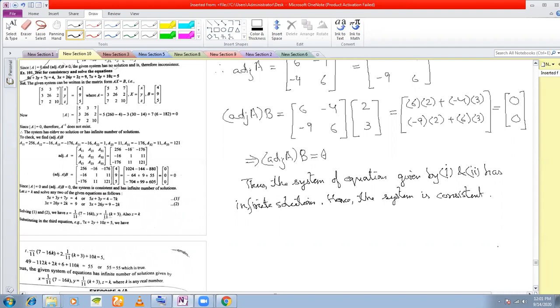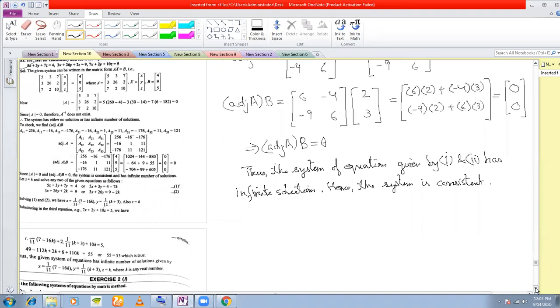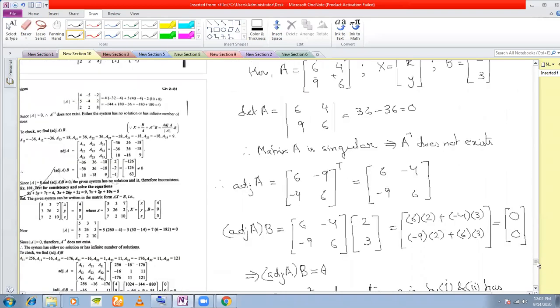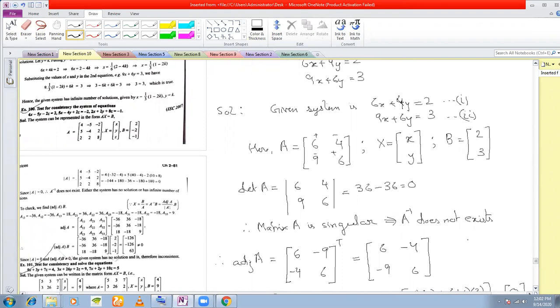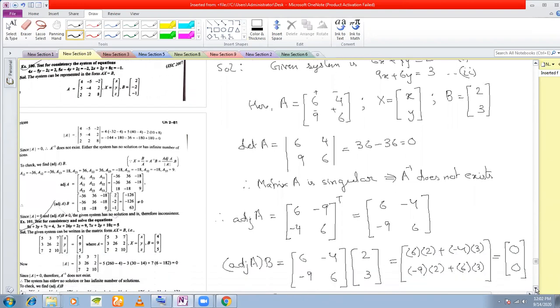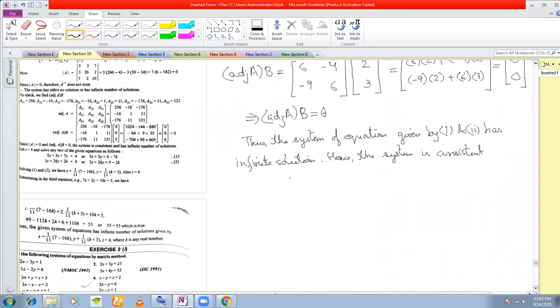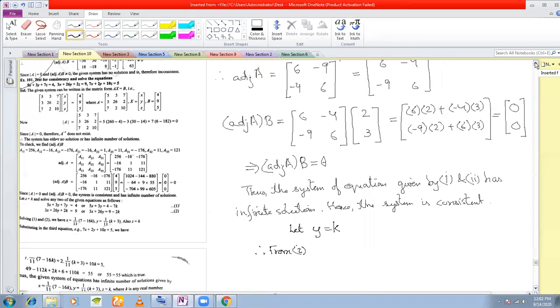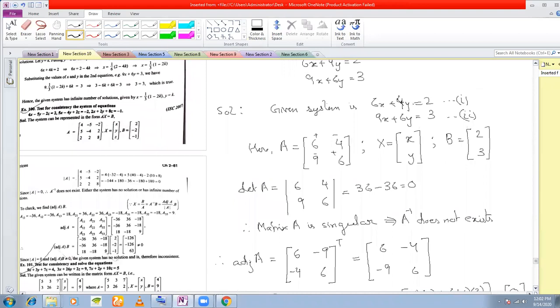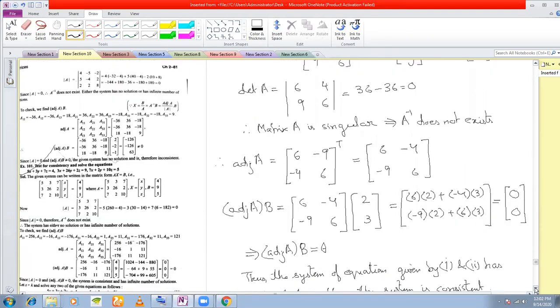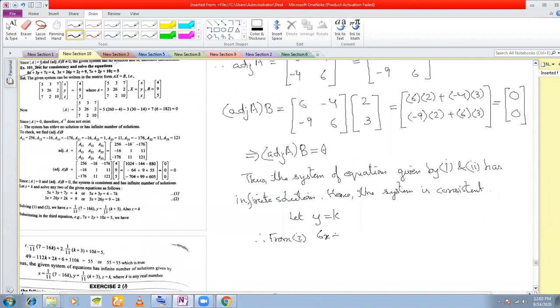So in order to find the infinite number of solutions, we take, let y is equal to some constant k. Therefore, from 1, we get 6x plus 4k is equal to 2. And from 2, what do we get?